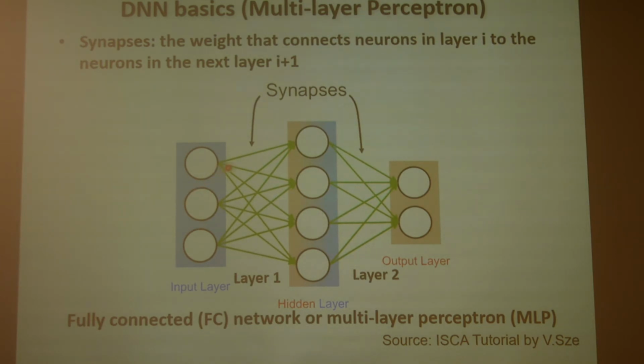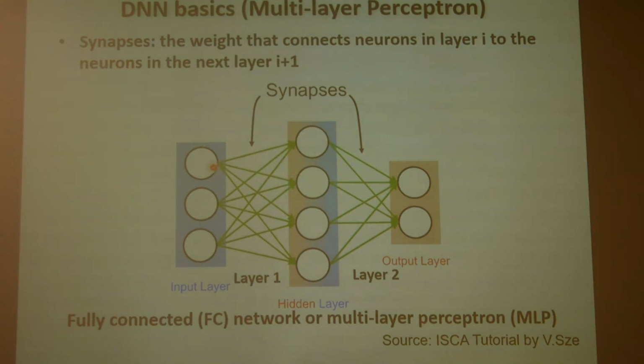And we notice that there are some lines that connect those neurons. We call them synapses. And the synapse is the weight that represents how much impact one neuron has on the neurons in the next layer.